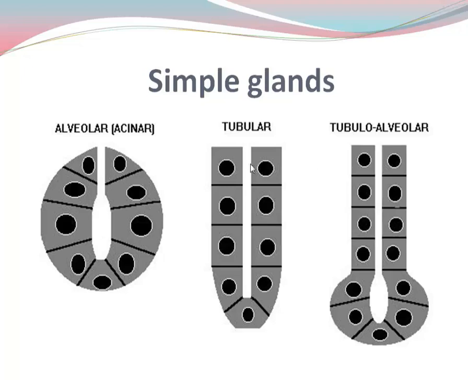Now in the tubular, they go deep, forming a long tube, and that tube is surrounded with secretory epithelial cells. So no cavity or lumen is formed in between in the tubular gland. This is tubular alveolar. The initial part forms a tubule and the latter distal part forms the capsule or hollow space, bulge or alveolus. So these are tubular alveolar glands. These are all simple glands because there is no branching here.